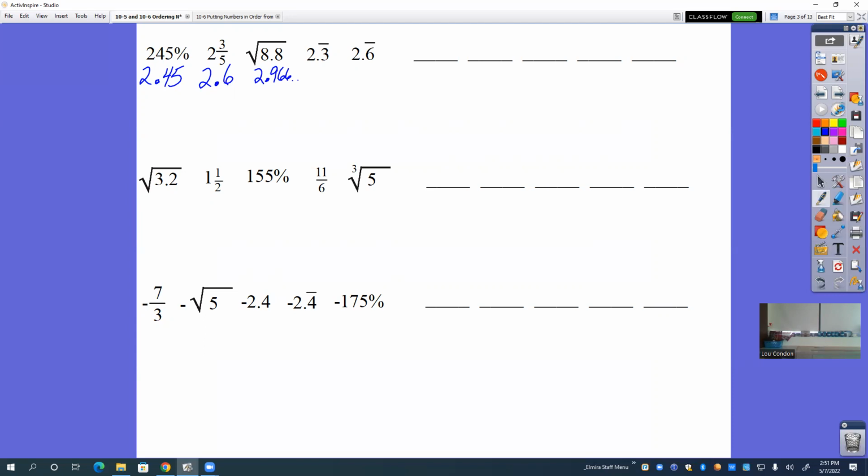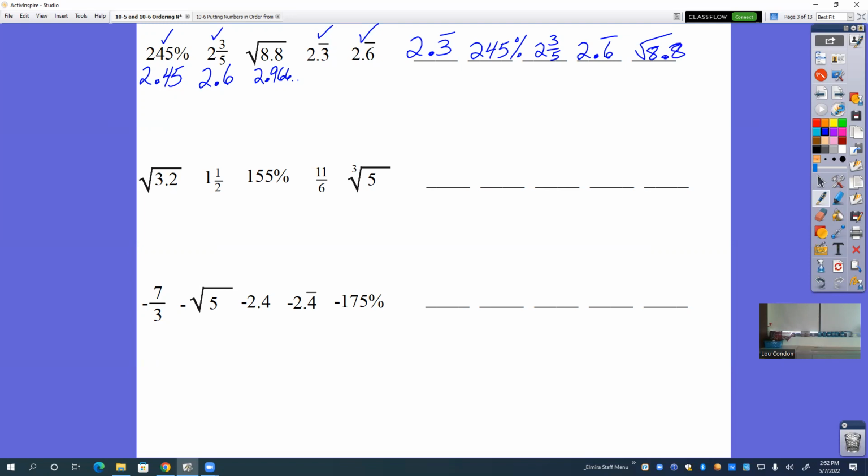So as you can see, from our smallest number to our biggest number, we would have 2.3 repeating, followed by 245%, followed by 2 3/5, followed by 2.6 repeating itself, and then ending with the square root of 8.8.